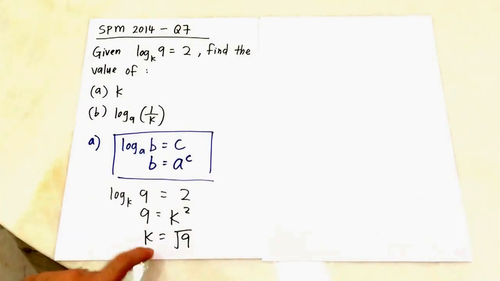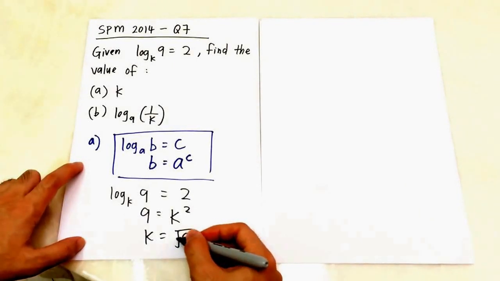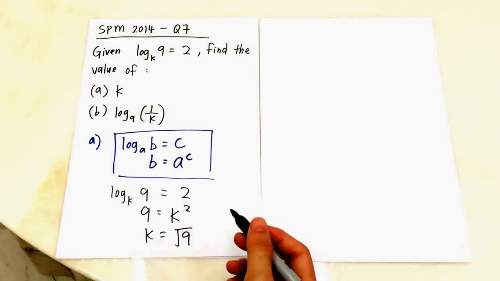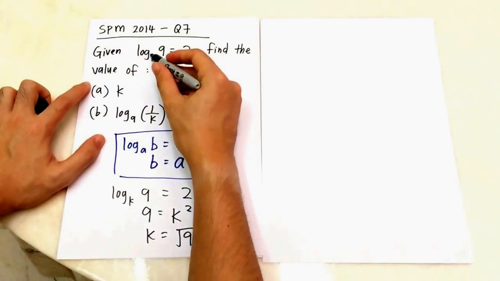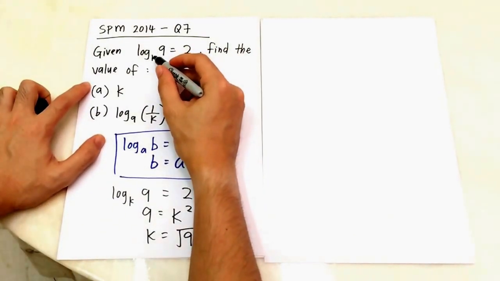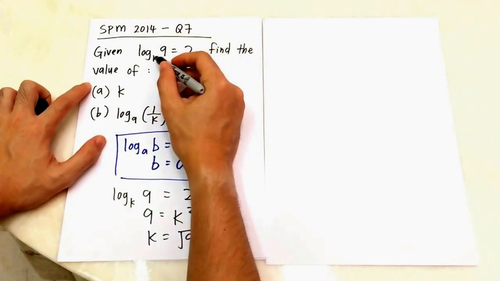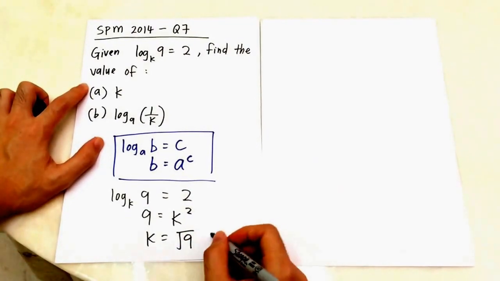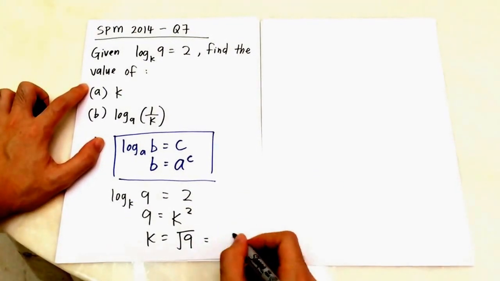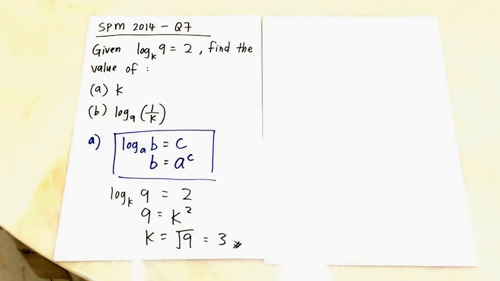Normally for square root, I will write positive and negative for the answer, because square root tells us that we have two answers. But because the base of the log over here is impossible to be negative, k is impossible to be negative 3. So I didn't write positive negative 3. I just write the answer is 3. Okay, it's simple. This is (a).